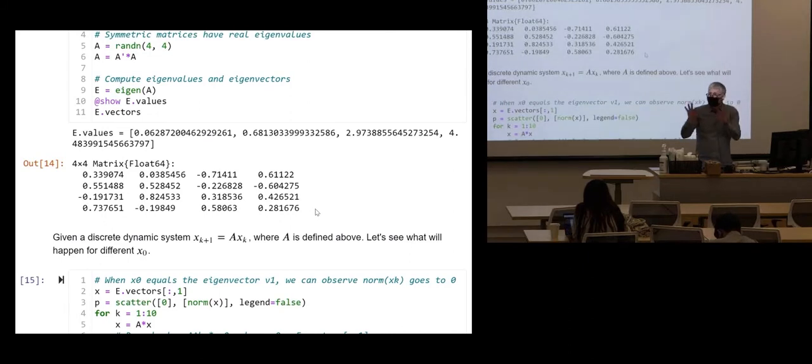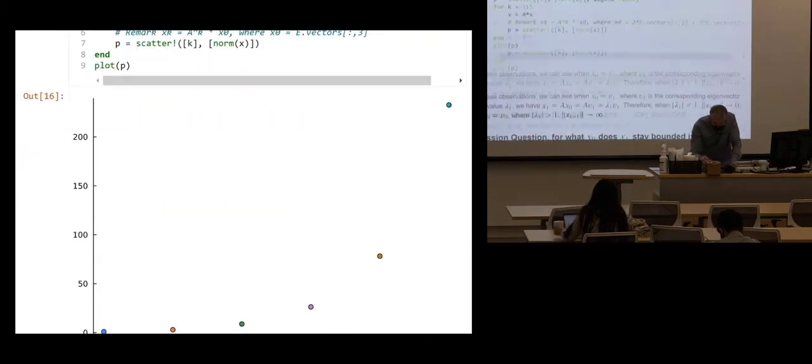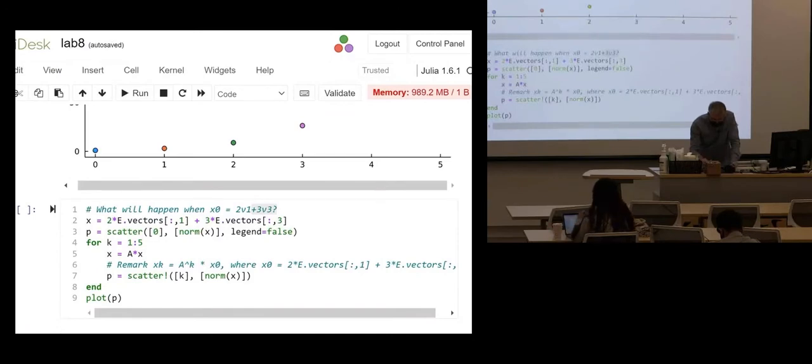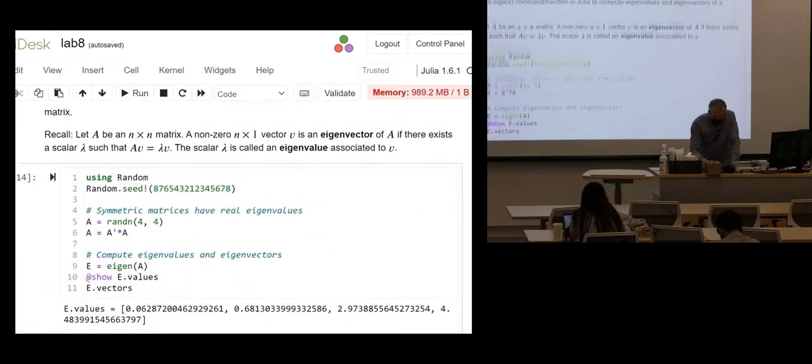You can check, they're linearly independent. It was 2 times the first one and 3 times the third one, okay?